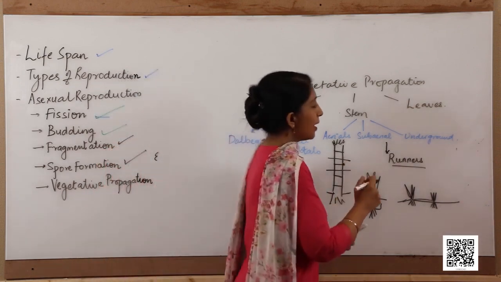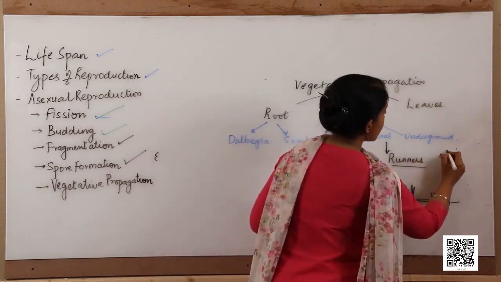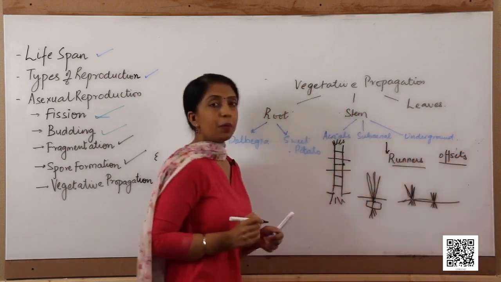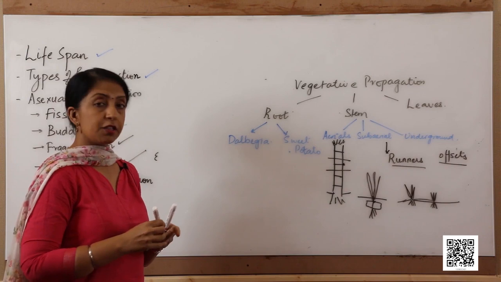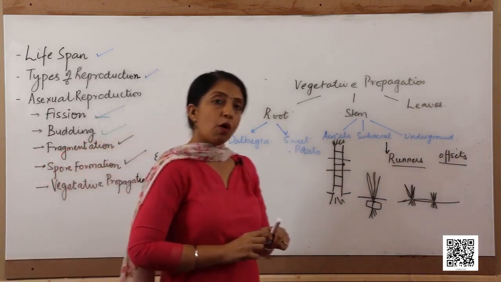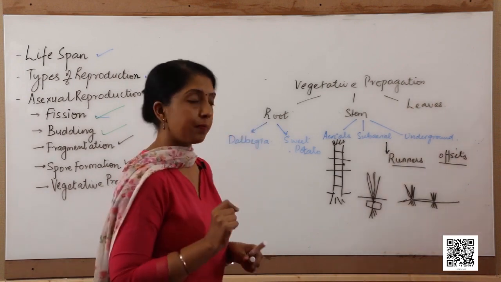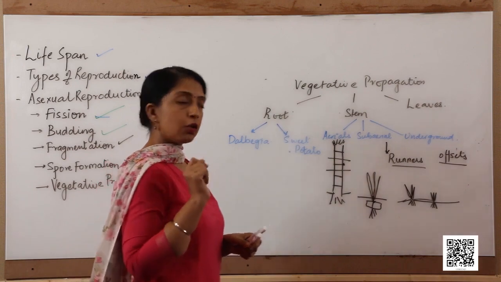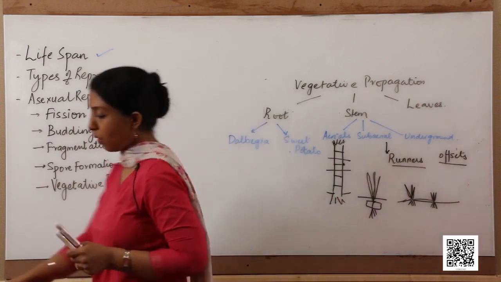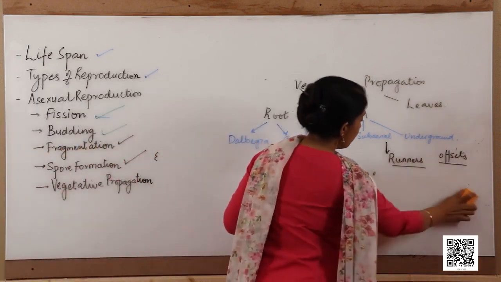Similar to runners, there is one more example, which is the offsets. Offsets are also plants which grow through vegetative propagation. The very common example of offset is Eichhornia or the water hyacinth. The water hyacinth or the Eichhornia is also called the terror of Bengal. Now, why is it called so?